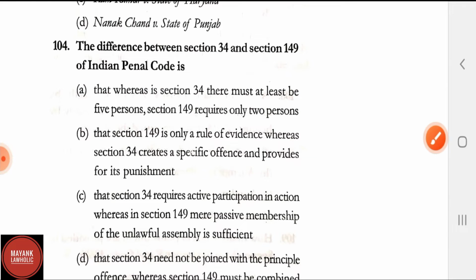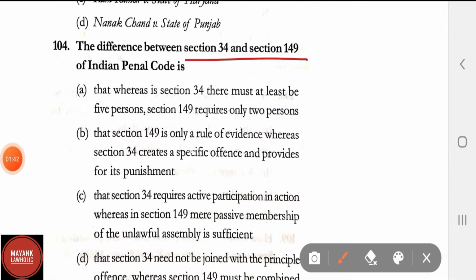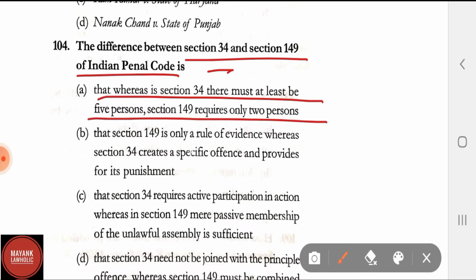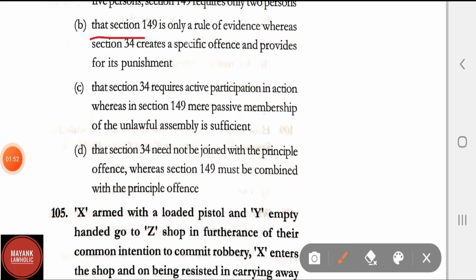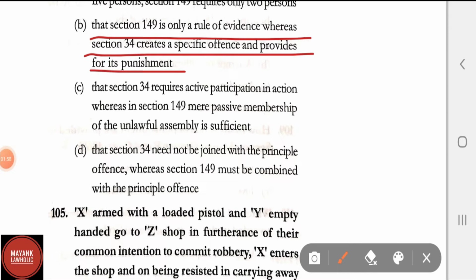Question number 104. The difference between section 34 and 149 of IPC is option A, that whereas in section 34 there must be at least 5 persons, section 149 requires only 2 persons. Option B, section 149 is only a rule of evidence, whereas section 34 creates a specific offence and provides for its punishment.